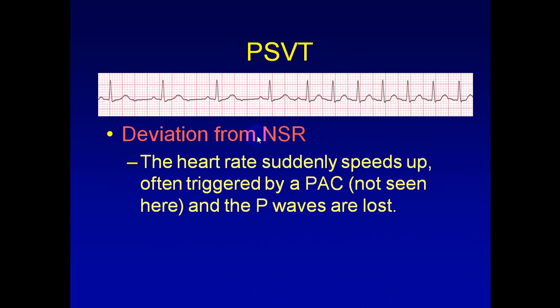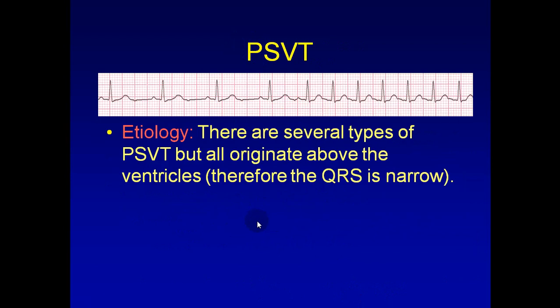The rate is regular, there is no P wave, no PR interval. There are several types of paroxysmal supraventricular tachycardia, but all originate above the ventricle, therefore called supraventricular, and therefore the QRS complex is narrow and normal.